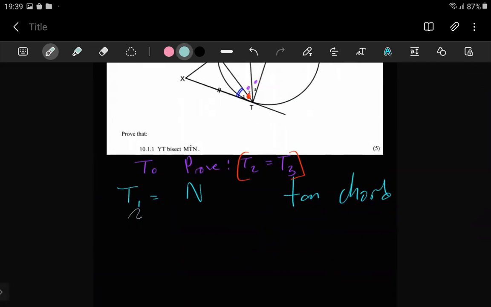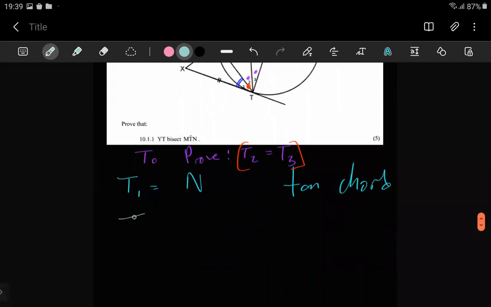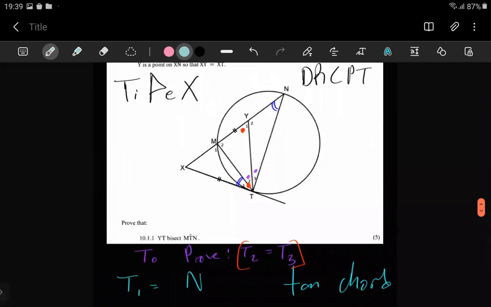Here we're saying that T1 plus T2 is equal to Y1, which is these two equal to that.